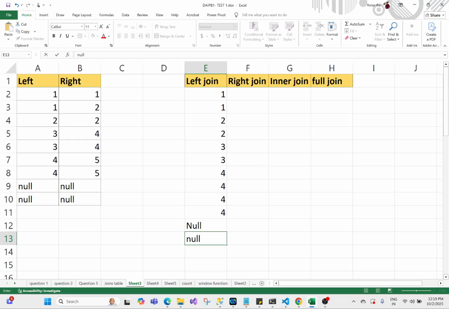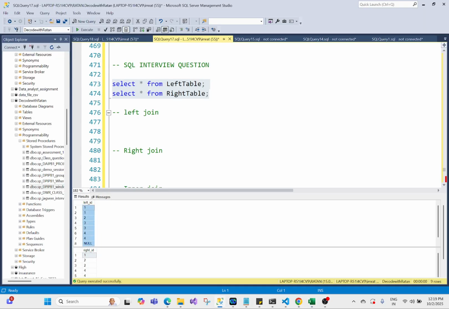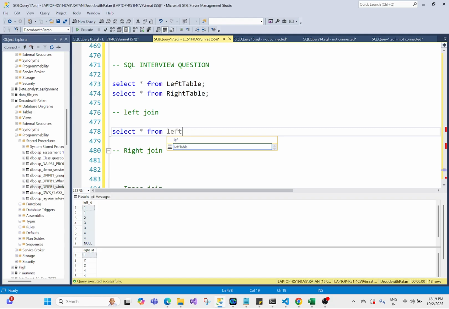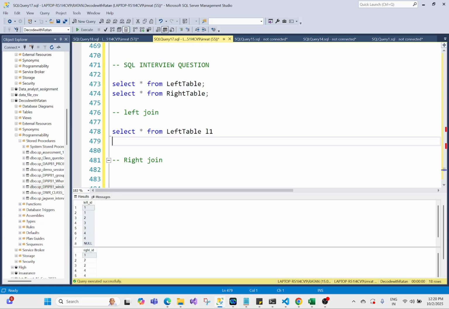Let's just move to SQL Server and write the query for left join. What is the syntax? Select star from left table, alias L1. Then we want left join with which table? The right table, so we will copy the right table here, alias R1.